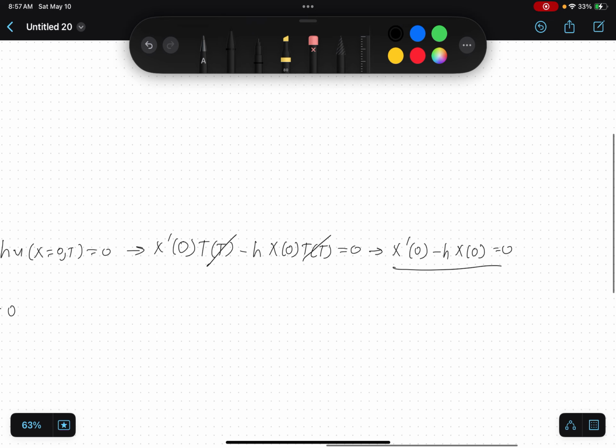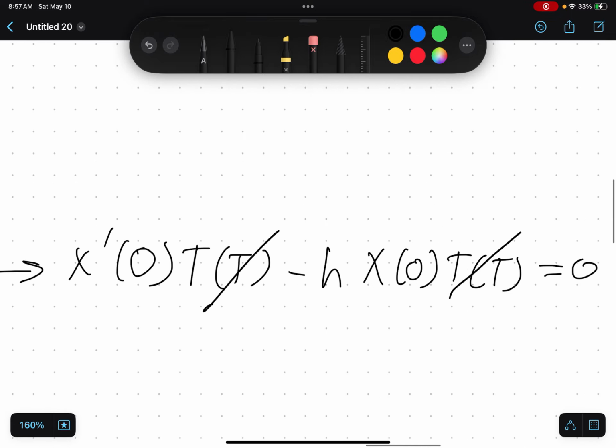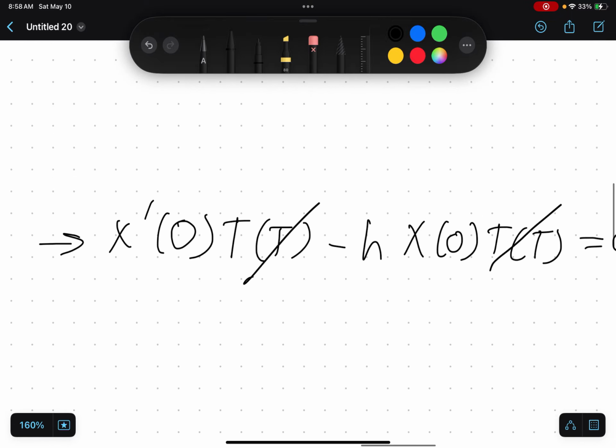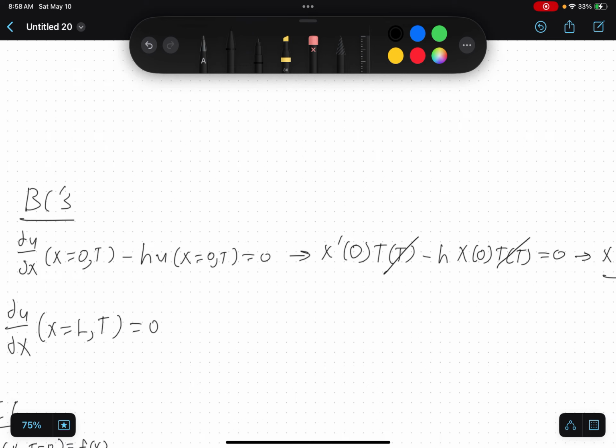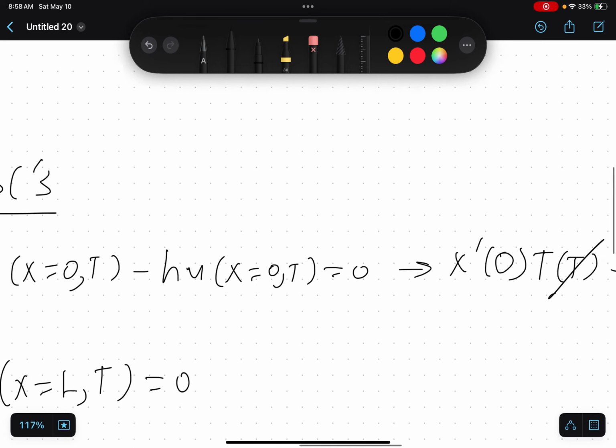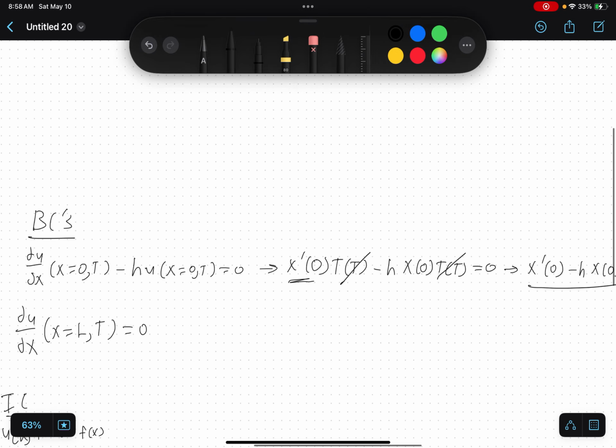The reason we can cross the t's out here is because they don't impact this boundary condition. They could be whatever they want. The only thing that affects it is what x equals, because we're saying x has to equal 0.